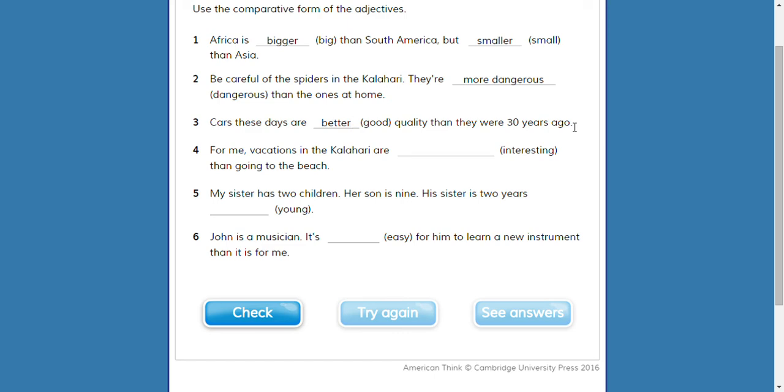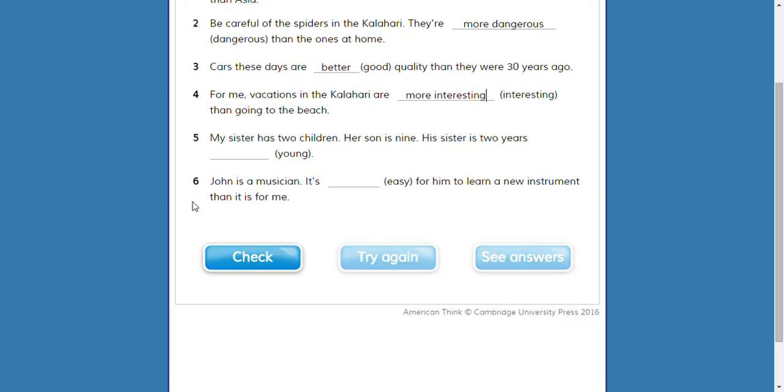Okay? Now, number 4: for me, vacations in the Kalahari are, between brackets, interesting. More interesting. My sister has 2 children. Her son is 9, his sister is 2 years.